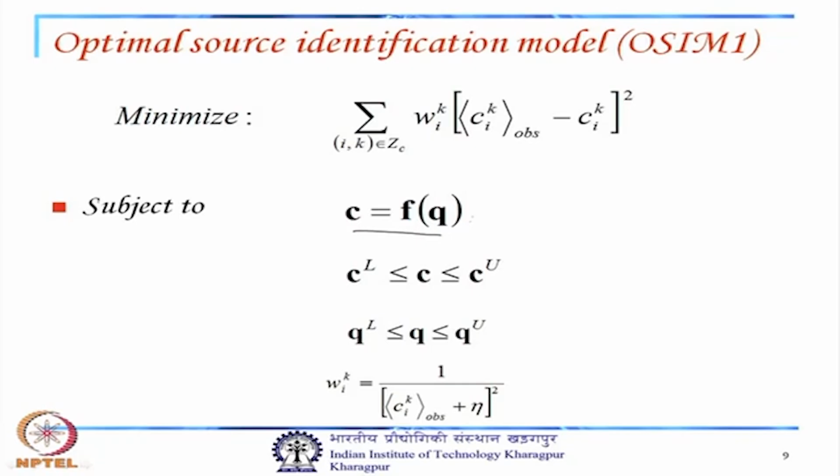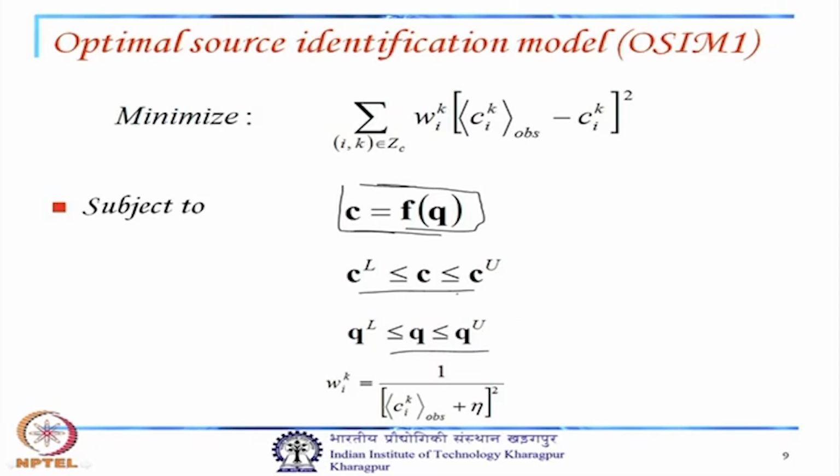This C FQ is again our simulation model. This is a restriction in terms of concentration, this is a restriction in terms of our injection from sources.